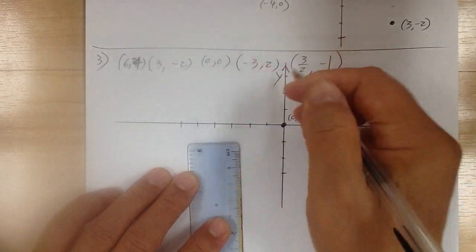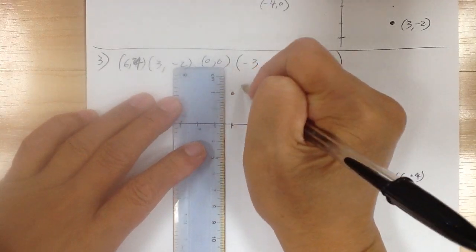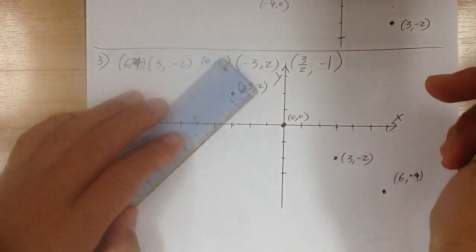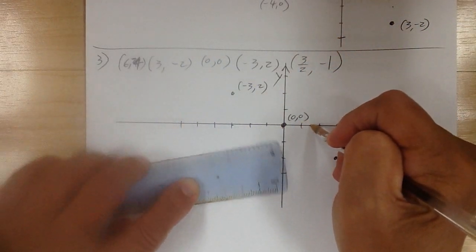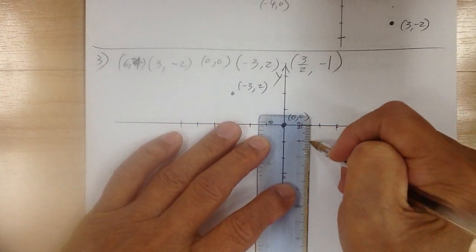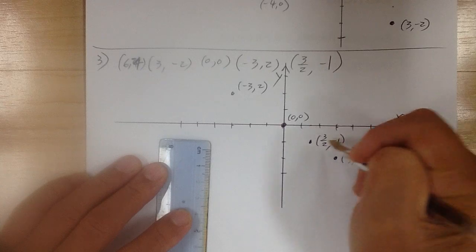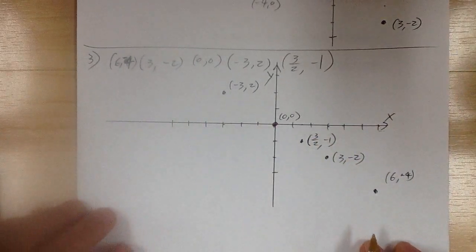You got (-3, 2). And then this one is a little bit harder. So this is 1.5. So 1.5 and negative 1. Right over here. So it's your (3/2, -1). Okay? And so that's all the points.